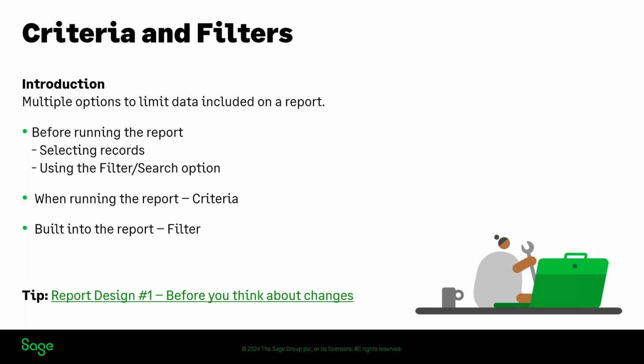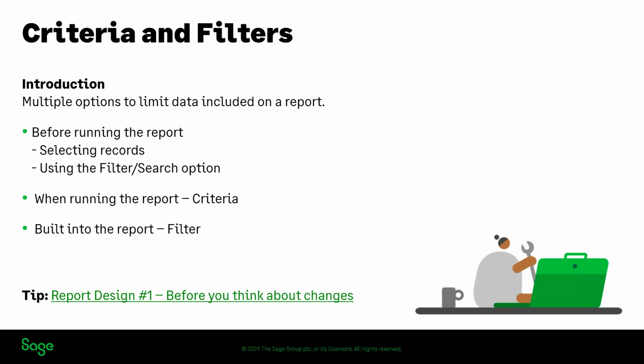So before running a report, obviously you can, as we covered in session 1, apply a filter or a search or simply select the records from the main list. So you're doing that before the report is actually run. And when you run the report, only those records that you've selected will be included on the report. You may even apply criteria on top of that. But the criteria will then only apply to the records that you've got selected.